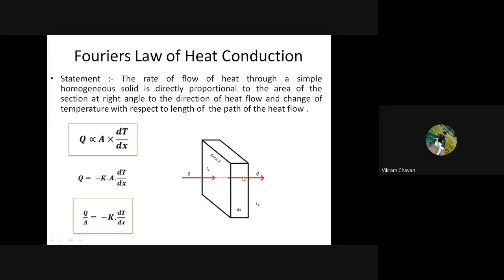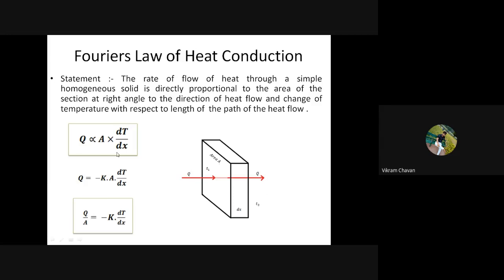So how much distance needs to be travelled by heat to reach the other surface? That distance is nothing but the thickness of that particular slab. So dx is the length which the heat needs to travel to reach the other surface.